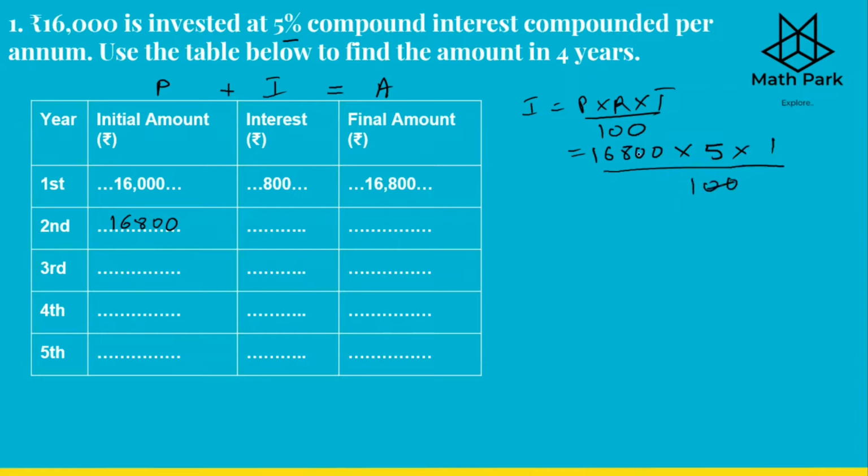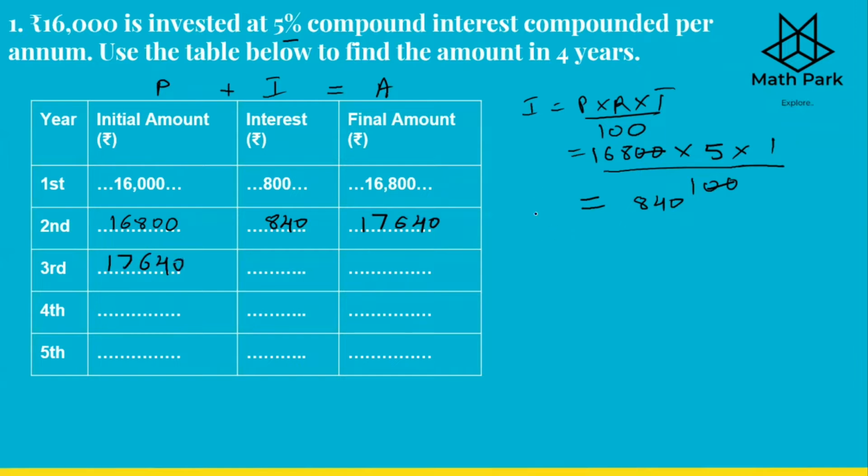So simplify this: 168 multiplied by 5, we get 840. So 840 rupees is the interest for the second year. 16,800 plus 840, we get 17,640. And this is the amount at the end of the second year, which becomes the principal for the third year.